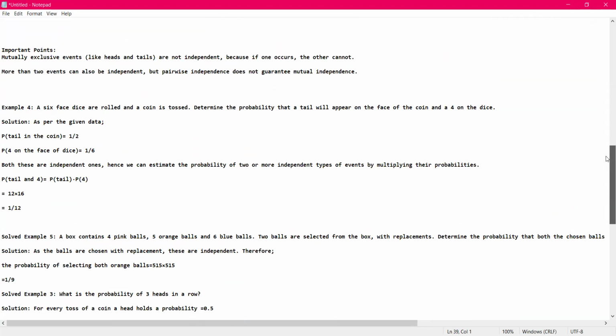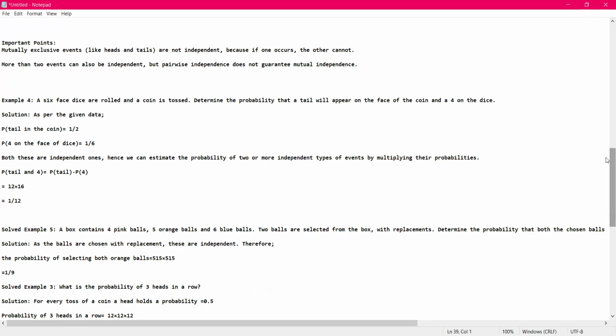And also there are some important points. Please note that mutually exclusive events are not independent, because if one occurs, the other cannot. What does mutually exclusive event mean? P of A intersection B equals 0. It means there is no common part between them.